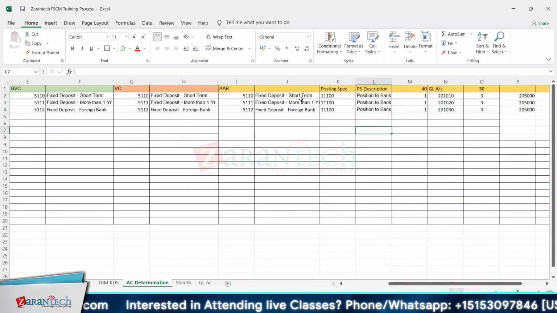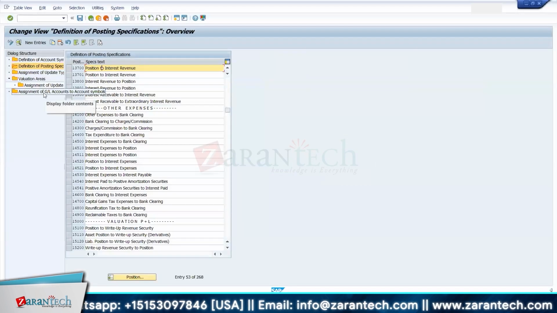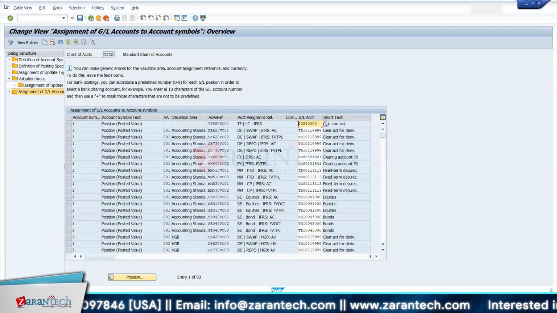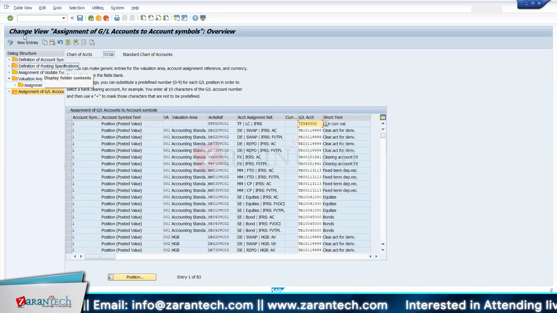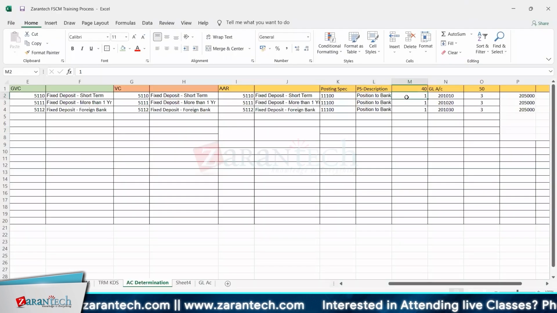So this is for one posting specification. Likewise, we need to do this mapping for the others. But now I'm going to do the account determination, the assignment of GL account. How am I going to do this GL account mapping? I'm going to say new entry, and account symbol, you can see this is 1.